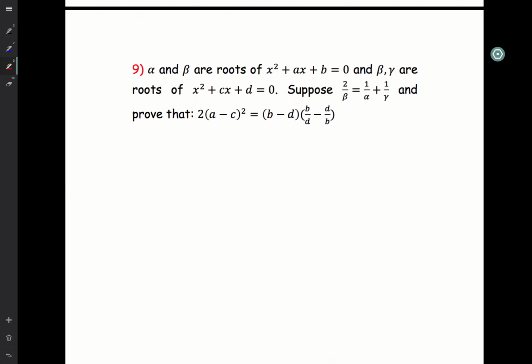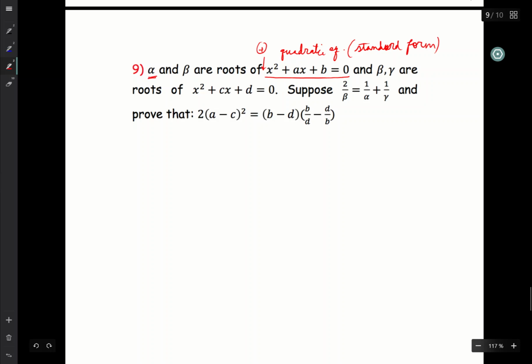Alpha and beta are roots of x squared plus ax plus b equals 0. So we have a quadratic equation which is in the standard form because the coefficient of the leading term x squared is plus 1.